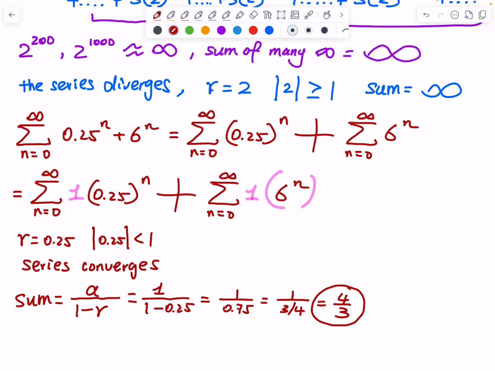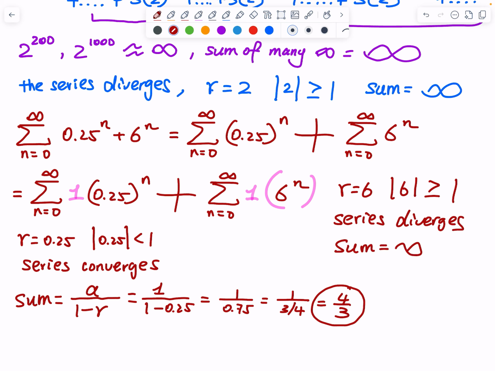And then the second one, the common ratio is 6. The absolute value of 6 is greater than or equal to 1, and that means the series diverges, and the sum is equal to infinity. So we have a sum equal to infinity, and the other sum equal to 4 over 3.